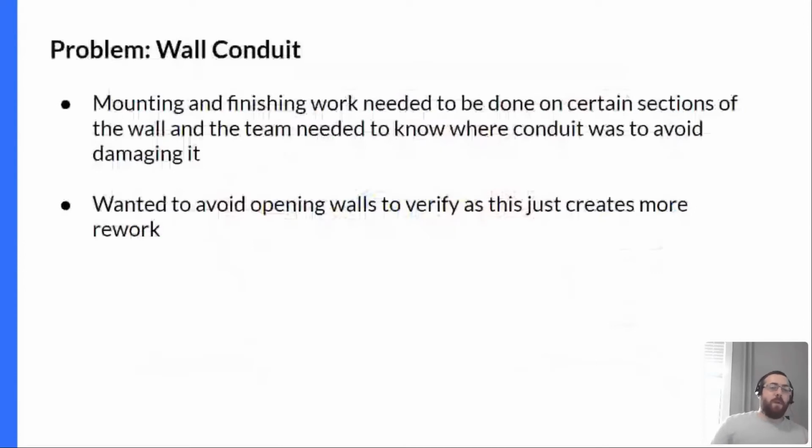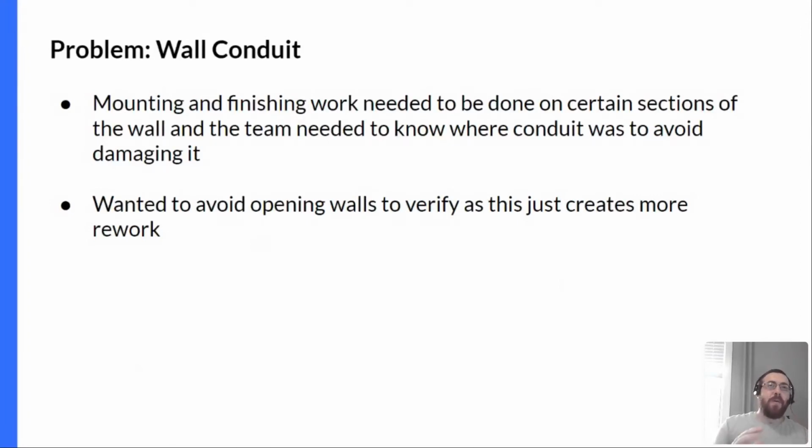So finally, one of the other super common problems that you see a lot on construction sites is a wall. You put in your wall conduit, you sealed your walls, you put up your drywall, you did your painting even, and now all of a sudden you need to go back and potentially change something or mount something to the wall or do some other finishing work.